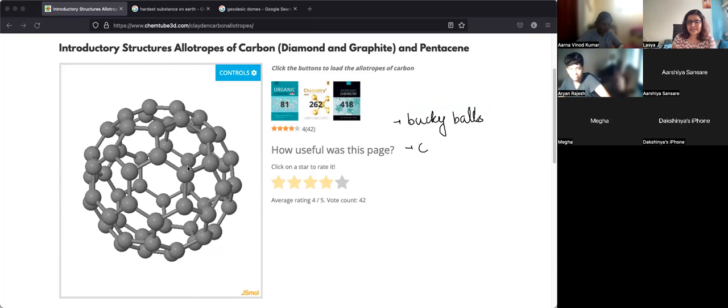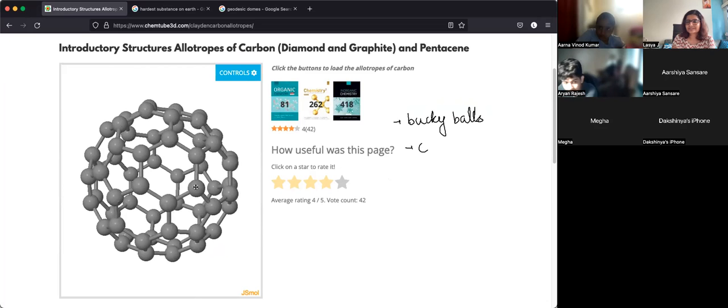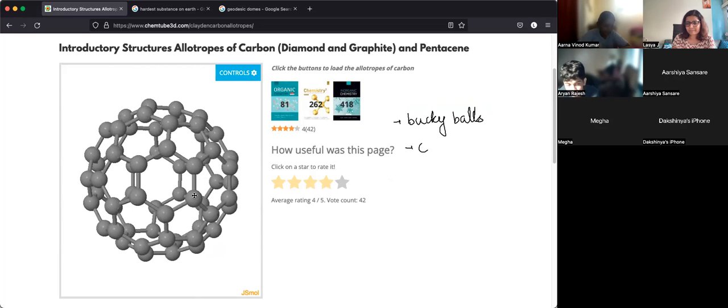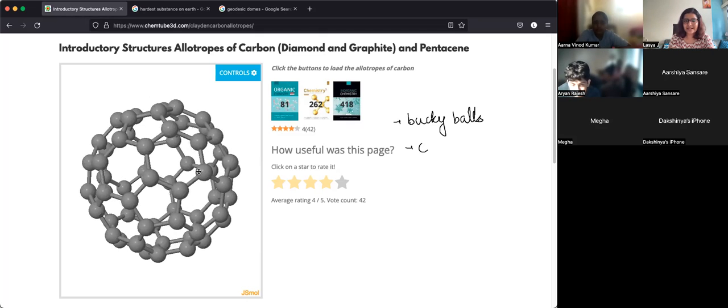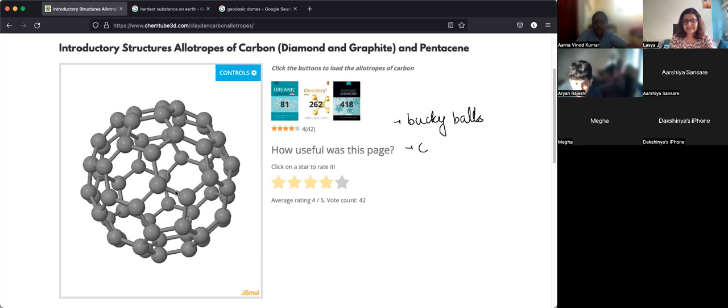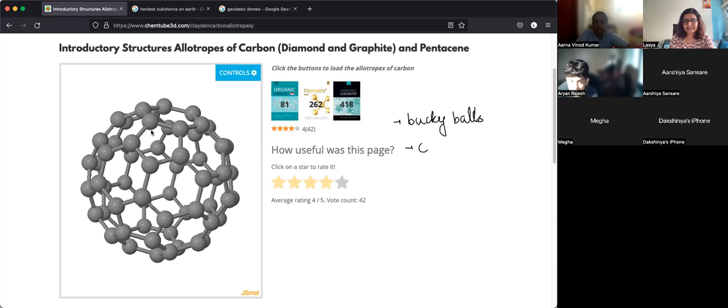How familiar are you guys with football? Like, how does it look? What are the properties of the football? Ma'am, like my football, which I used to have, had those same hexagonal and pentagonal shapes. That is correct. There's a fixed ratio of how many hexagons and how many pentagons there should be, right? So this structure also has the same thing. You see that there's hexagon and there's pentagon.